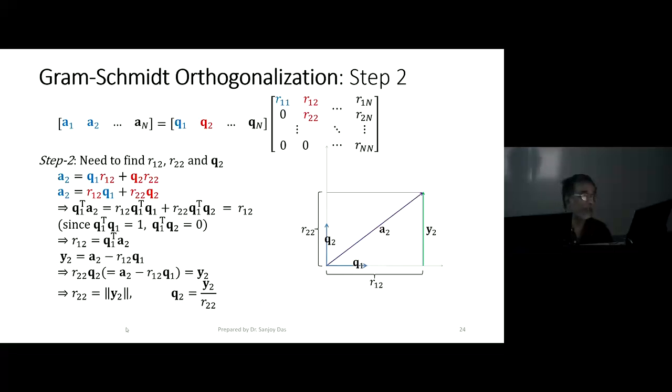It's the residue after removing the Q1 component from A2. So R22 is the L2 norm of Y2, and Q2 is the normalized version of Y2. Y2 divided by the L2 norm of Y2 is a unit vector, and that gives me Q2. Okay, so this is my step 2. These are the two expressions involved in step 2.